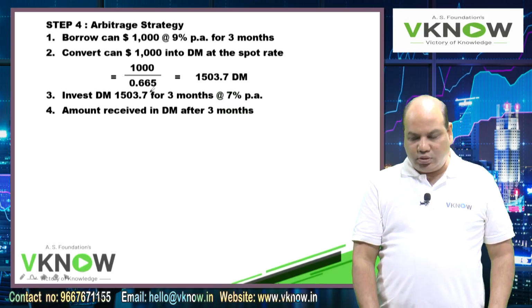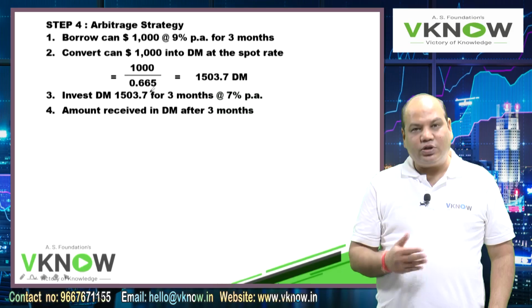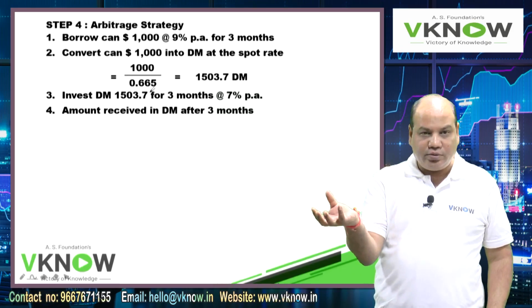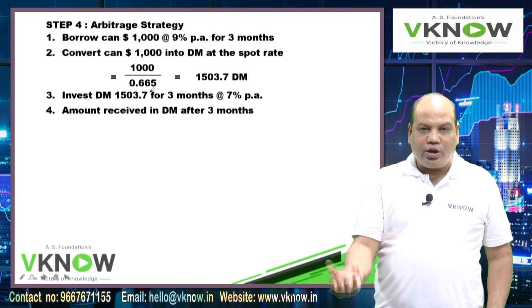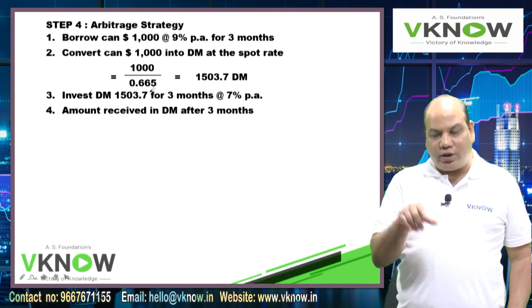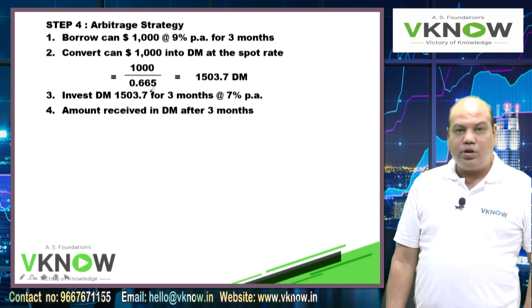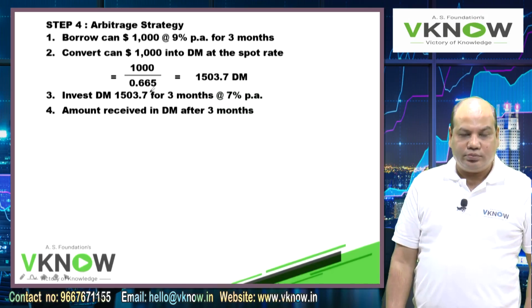Then we will wait for 3 months. After 3 months this investment will mature and we will recover DM plus interest. So the next step will be the amount received in DM after 3 months.